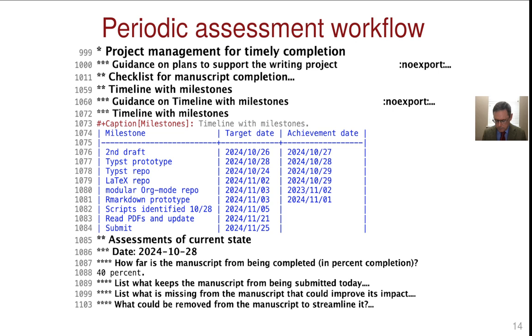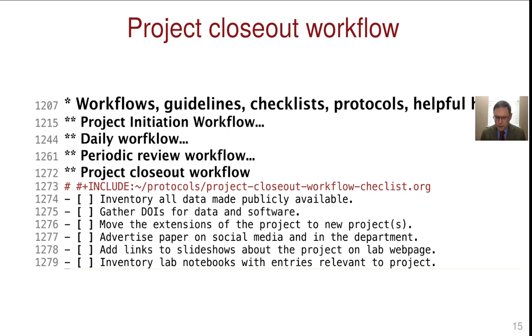Then finally, the project closeout workflow. This is in the form of a checklist. This checklist in the main template is already included, but you could include it from an external file. That checklist won't be in the org file, but you can view it by clicking on its file path.